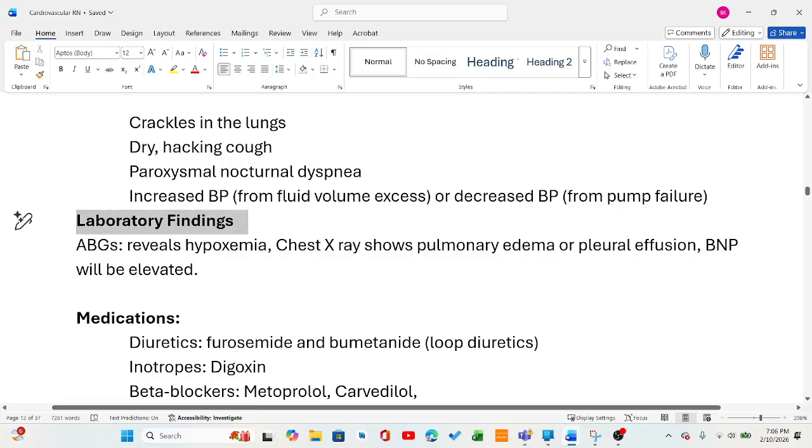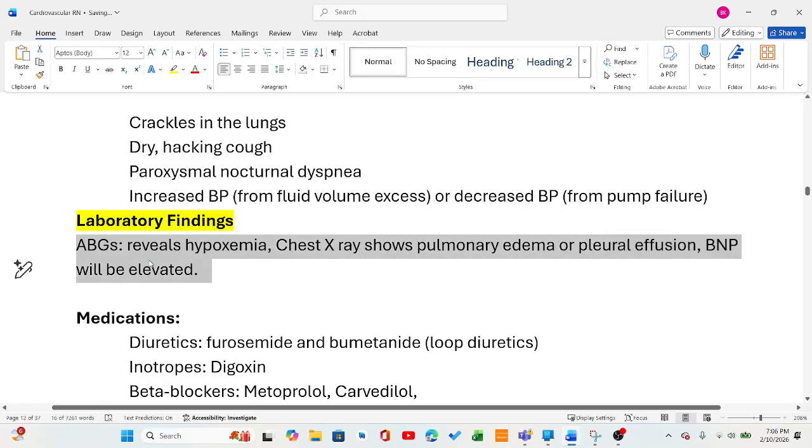When it comes to the labs for left-sided heart failure, because it is a respiratory problem, the doctor will be ordering what we call ABGs. We have already talked a lot about ABGs. ABGs will tell us how much oxygen is dissolved in the blood and how much carbon dioxide is also in there. So again, left side of the heart, labs, think about ABGs.